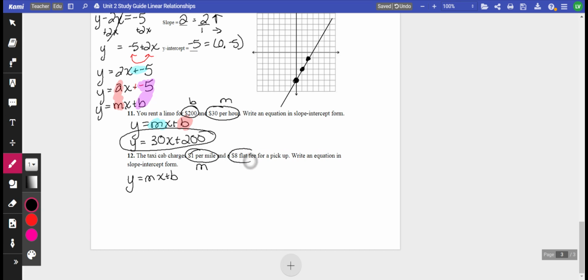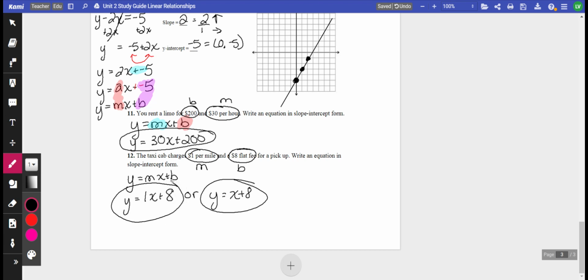It's a flat $8 fee, so that's going to be our b. So no matter what, as soon as you get into the taxi, you're going to owe them $8. Then it's an additional $1 per mile. So y equals 1x plus 8, or y equals x plus 8. The equation on the right side is simplified, but either of them will work. Great job.